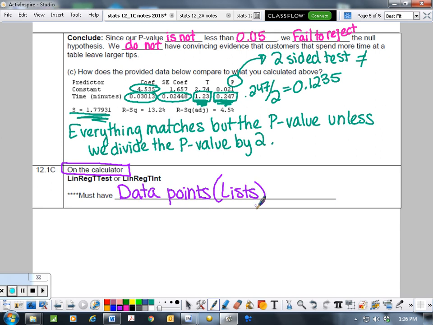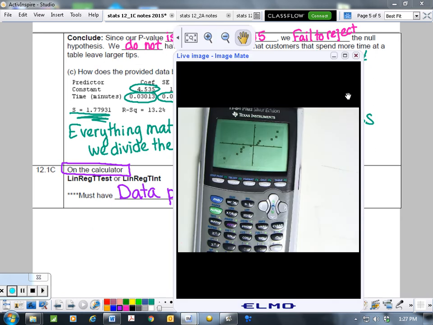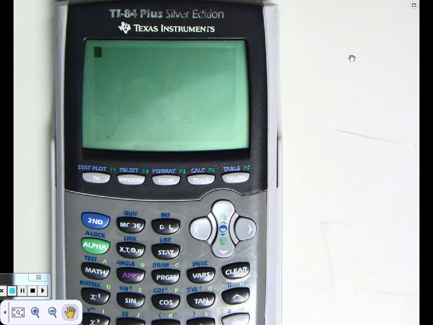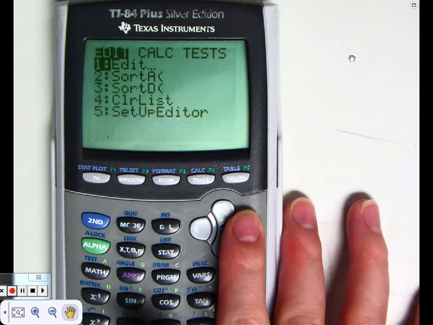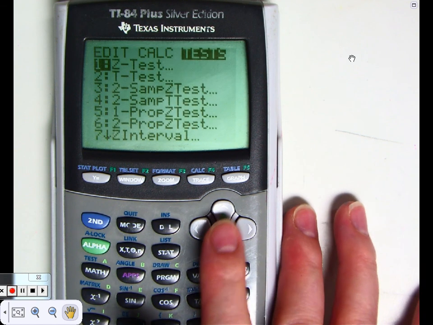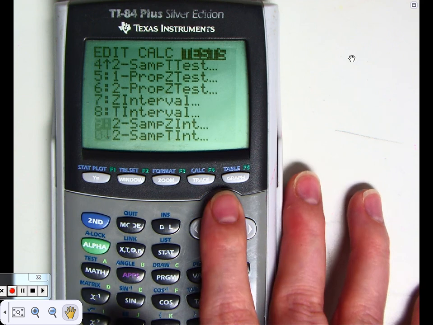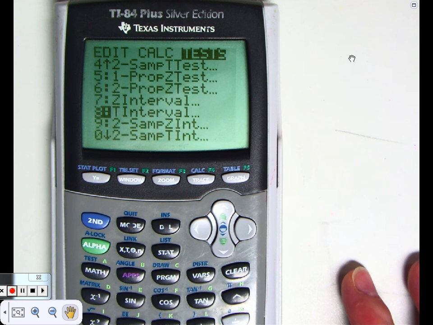So let's go ahead and take a look, we've got all of our information in the calculator. So I'm going to quit that diagram. I'm going to go to stat, and I'm going to tests.